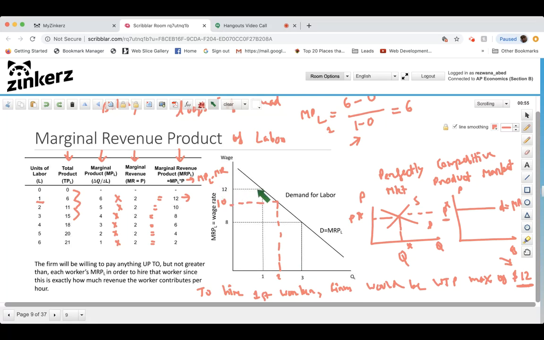So $12 maximum to hire the first worker, $10 maximum for the second, $8 maximum for the third. So this is the same thing as the demand for labor.